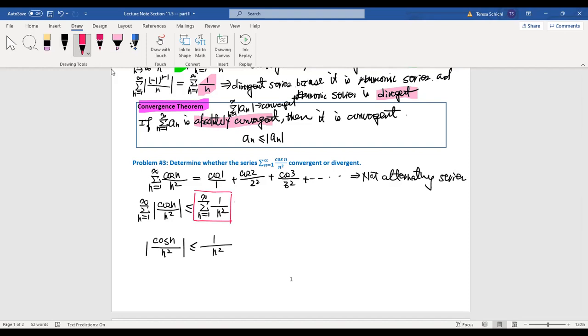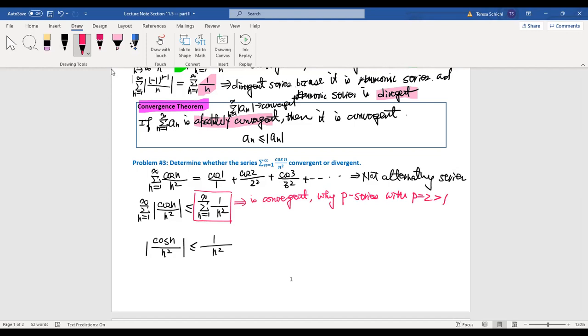I know this series converges because it is a p-series with p equal to 2, greater than 1.